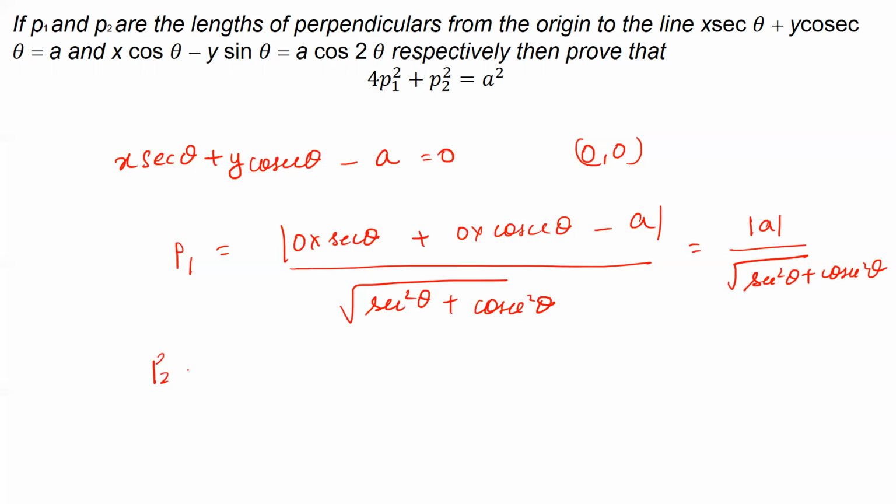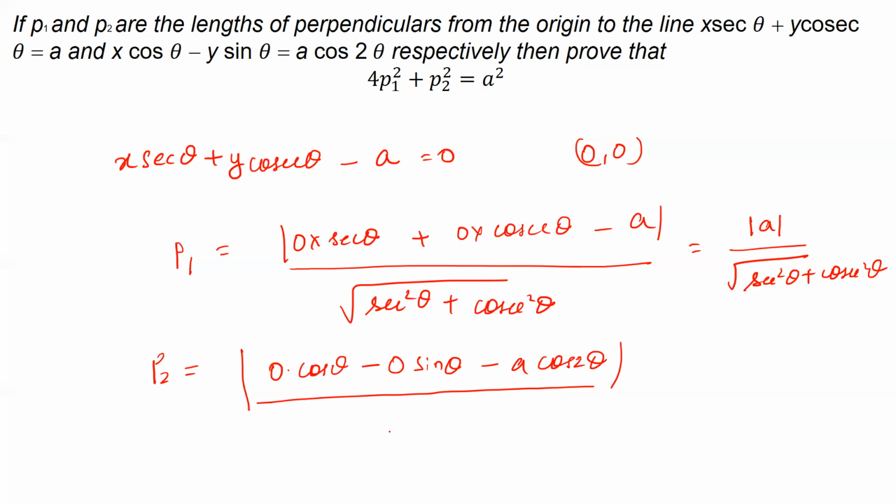Now, similarly, if you want to find out P2, we have mod of 0 times cos theta minus 0 times sin theta minus a cos 2 theta, the mod closed, is equal to, the whole divided by root over cos squared theta plus minus sine theta the whole squared, or we can just write it down as plus sine squared theta.